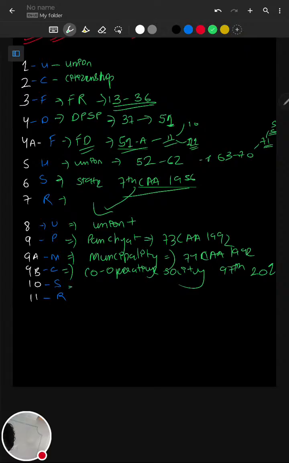Then there is your schedule type. And R is relation between state and center, union and state.